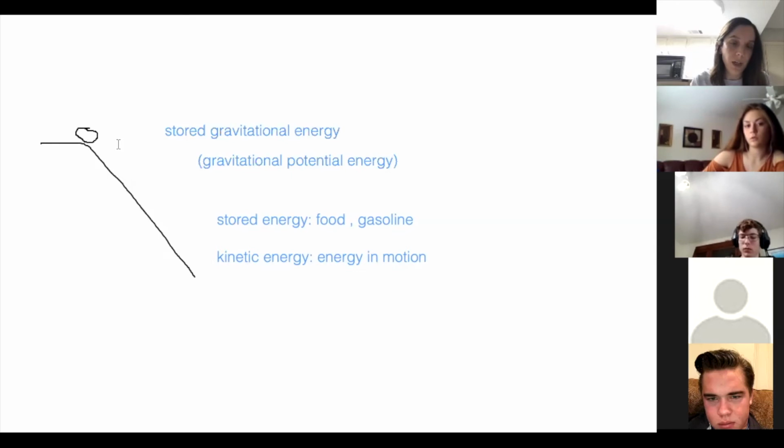And so you're giving it kinetic energy by rolling it up the hill. That kinetic energy is converted into potential energy as you go higher and higher. So with every step, with every movement, that kinetic energy that you use is going into stored energy. And up here, the boulder has a lot more potential energy than it has down here. And that was due to you converting kinetic energy into potential energy as you moved up the hill.